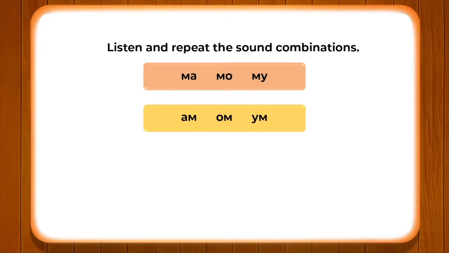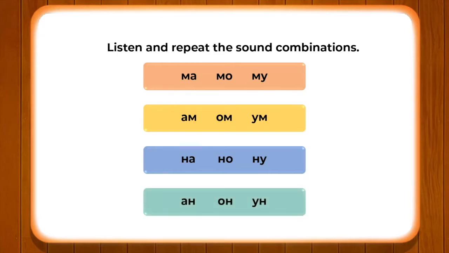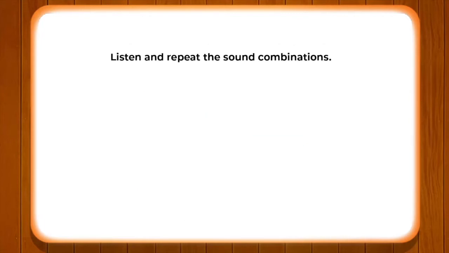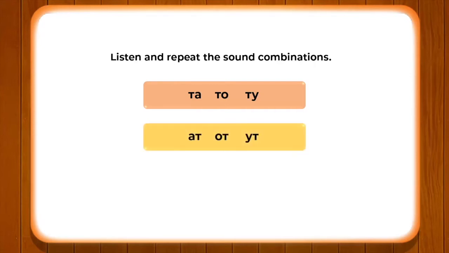Here we have consonant and vowel: na, no, nu, and vowel and consonant: an, on and un. Now we will do one more exercise: ta, to, tu, and at, ot and ut.